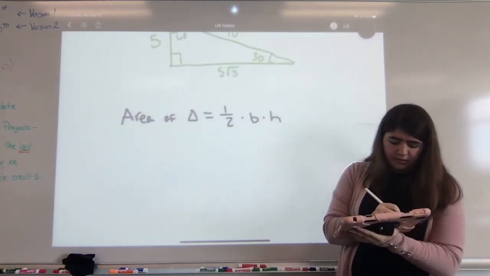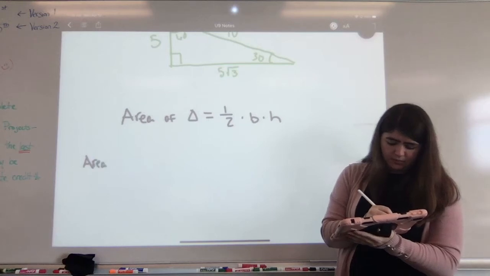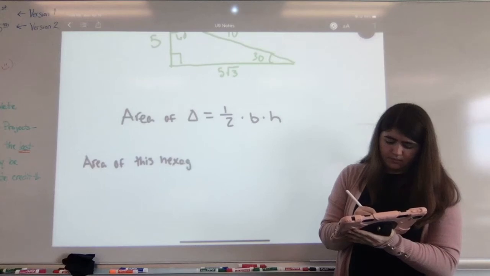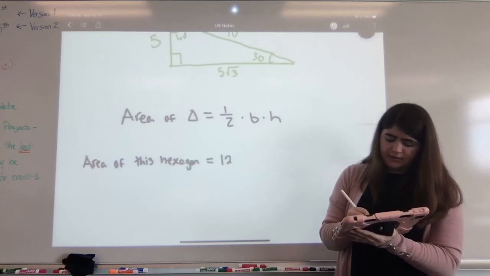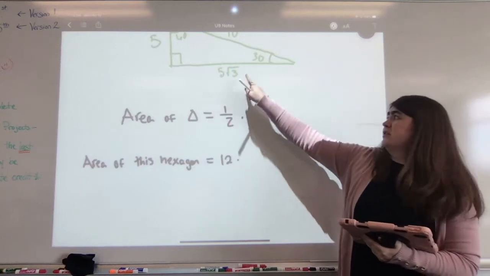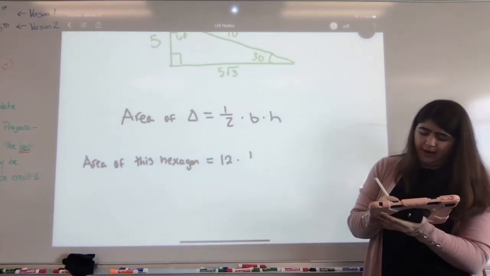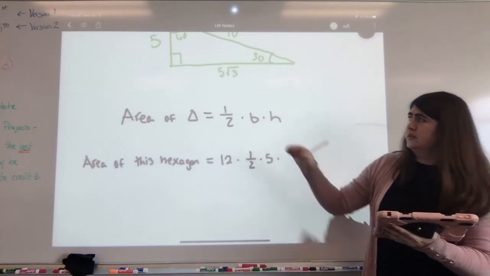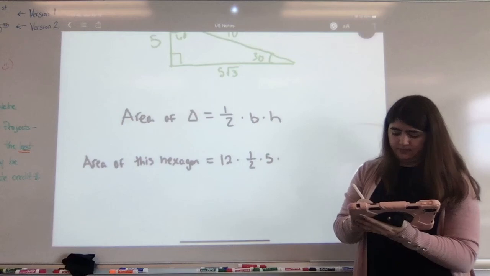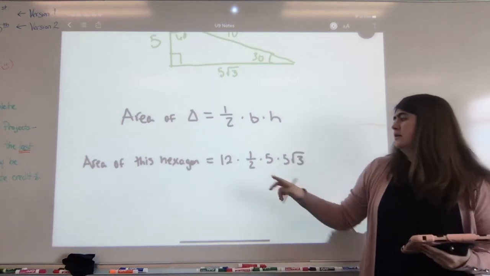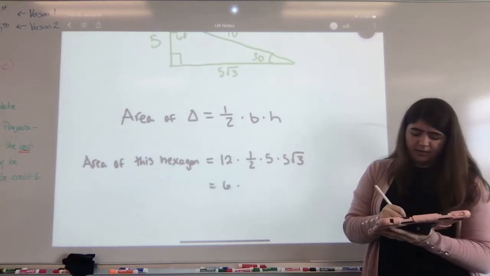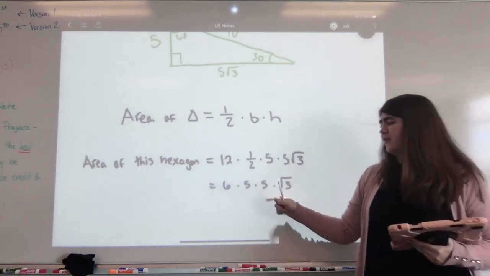So the area of this hexagon is equal to 12 times the area of this single triangle, which is 1/2 times the base, which we said was 5, times the height, which is 5 square roots of 3. 12 times 1/2 is 6, so what we really have is 6 times 5 times 5 times the square root of 3. 5 times 5 is 25.